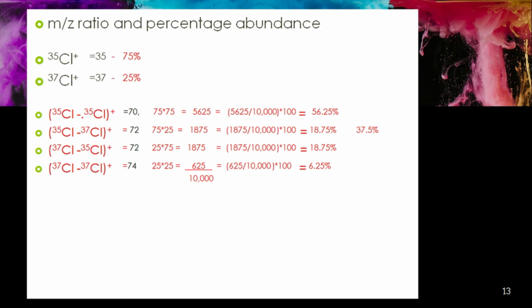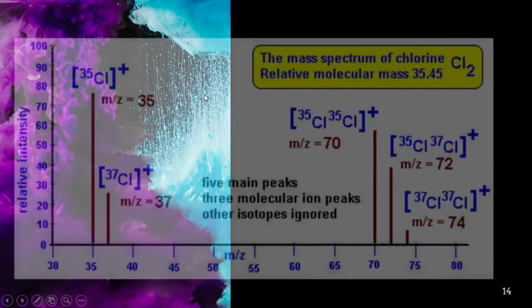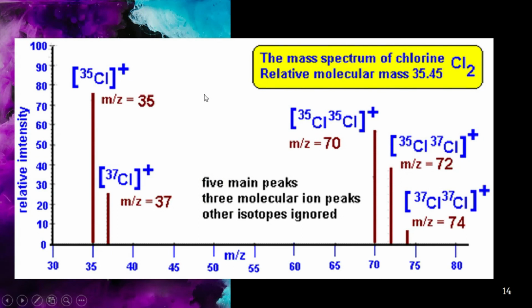Then finally we can draw a final mass spectrum which would look like this, and it will have 5 main peaks because it has 5 signals. Three of these peaks are due to the molecular ion peaks, which are due to 35Cl 35Cl, 35Cl 37Cl, and 37Cl 37Cl. Other isotopes we ignore.